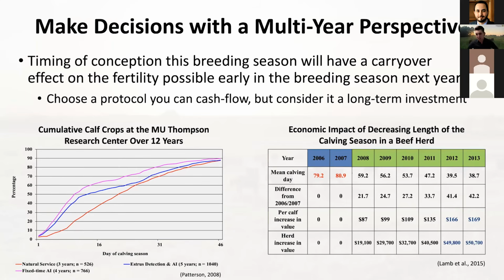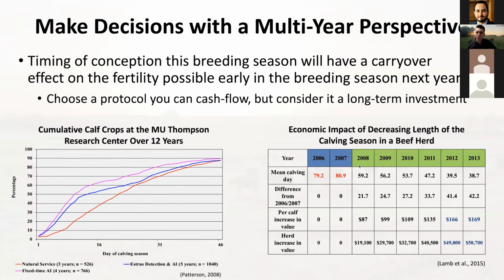Another good example of that is some data generated by Cliff Lamb, and Vitor Mercadante was part of this research, I know, when he was at Florida for his graduate program before coming to Virginia Tech. If we look at the impact of using good reproductive management, it is not just a single year process. They took this herd, and these blue columns, by the way, are the years in which no improved reproductive management was done.